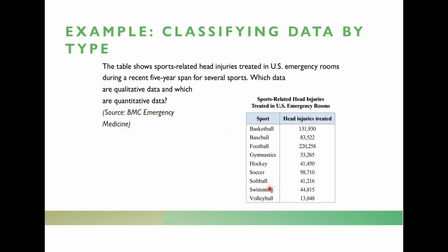So this is data that we collected. We said, okay, basketball. These are all categories. So the sport that we're playing would be the qualitative or categorical data, whereas the number of head injuries treated, this would be counts or measurements. In this case, it would be a count. And so this would be quantitative data.